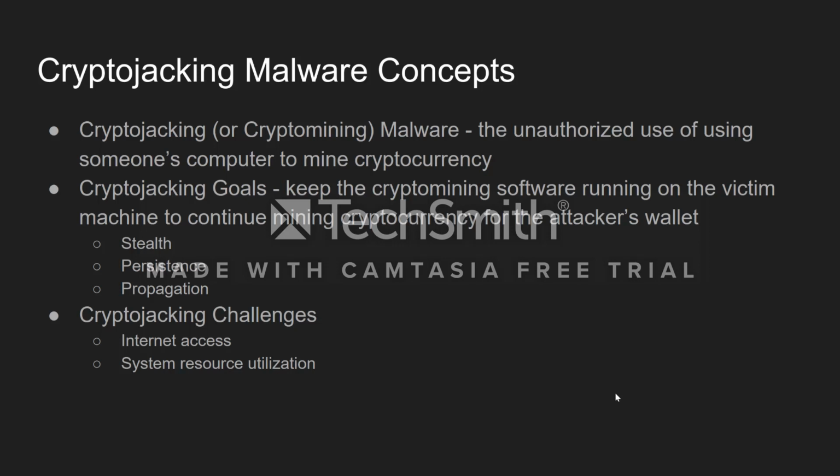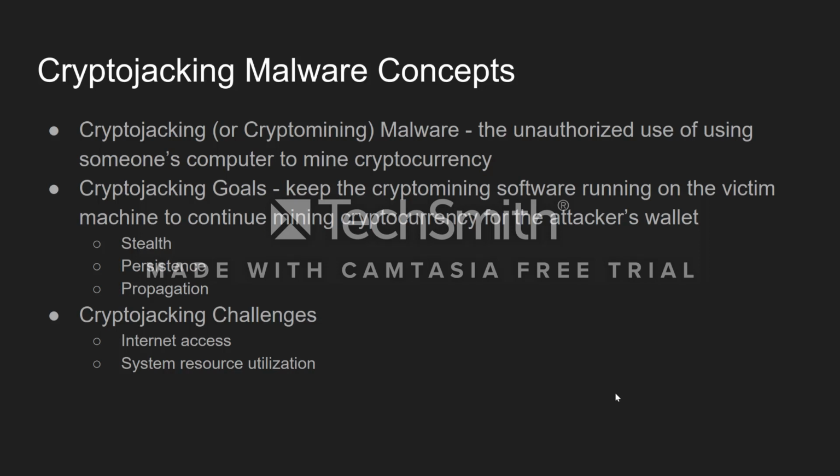Another common technique is to infect a document with a macro virus of some form and send that to an unknowing user. And then another technique that we're going to see later on in this demonstration is to set up a web server that enables a JavaScript, so that when a user browses to that website, it will start up a lightweight miner in the web browser, and we'll see that later on.